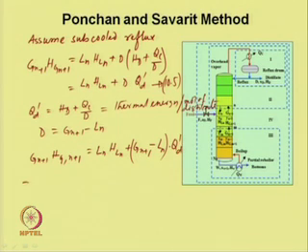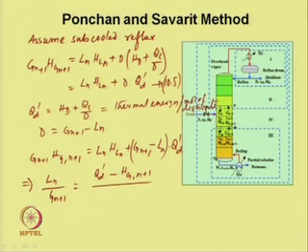If we rearrange this, Ln by Gn plus 1 is equal to Qd dash minus HGn plus 1 divided by Qd dash minus HLn.